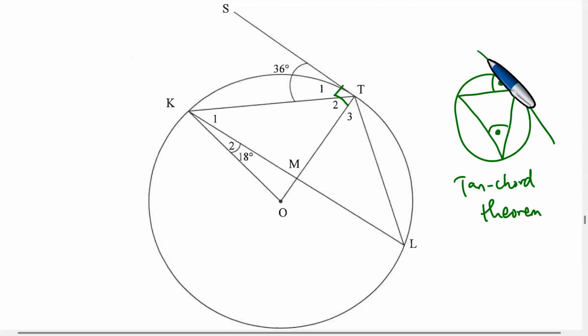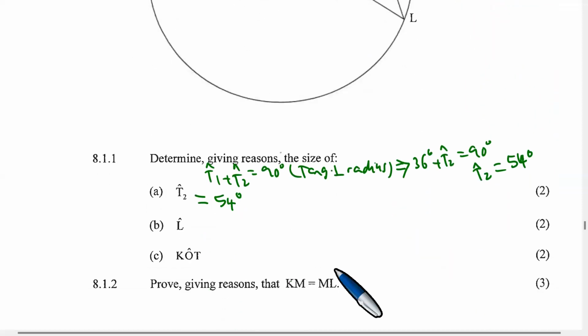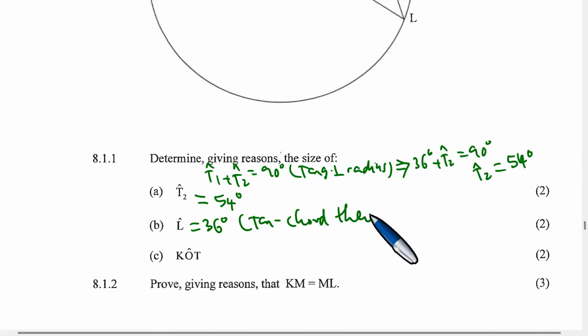The angle between a tangent to a circle and a chord equals the angle subtended by this chord at the circumference. So this chord will subtend the same angle made by the tangent and the chord, which is 36 degrees. So angle L is equal to 36 degrees, by the tan-chord theorem.